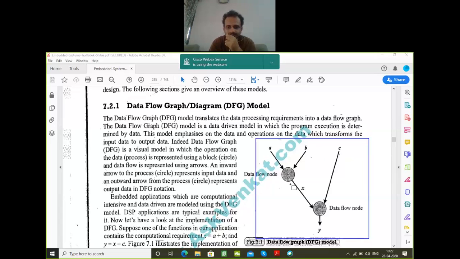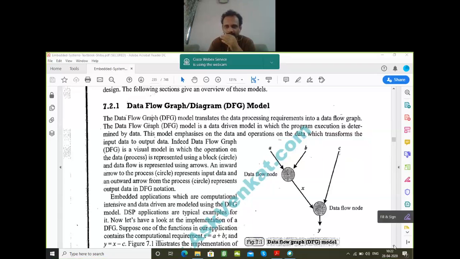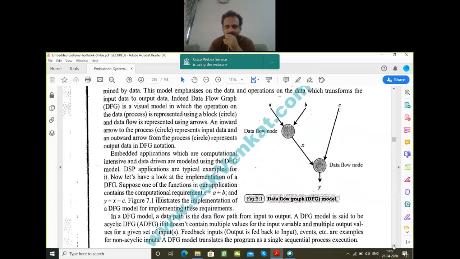So that is about the data flow graph description. What is the application of data flow graph?